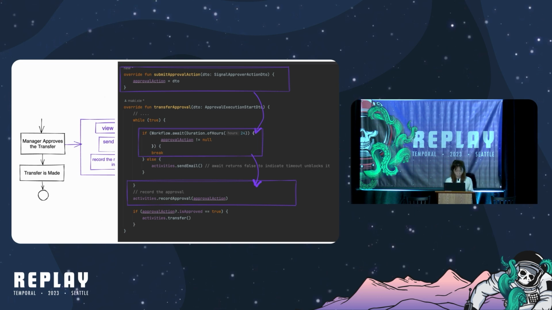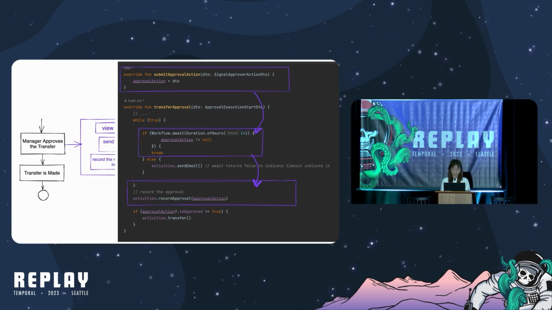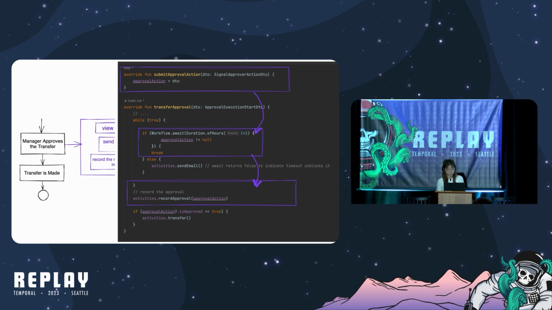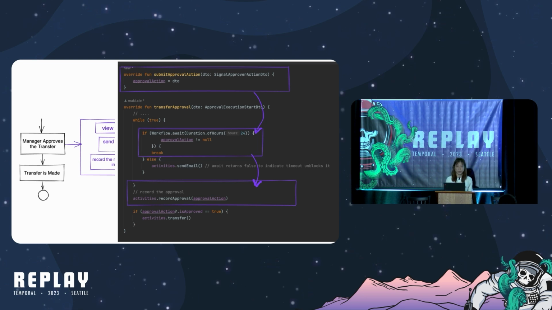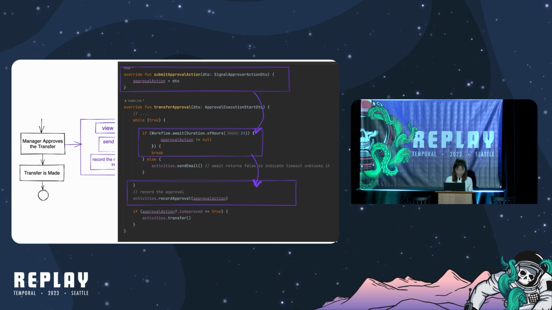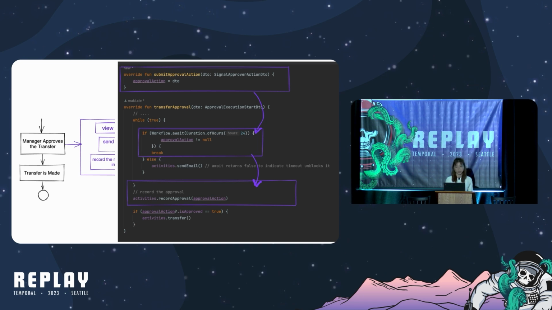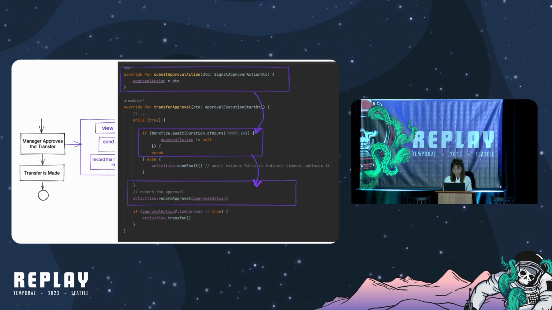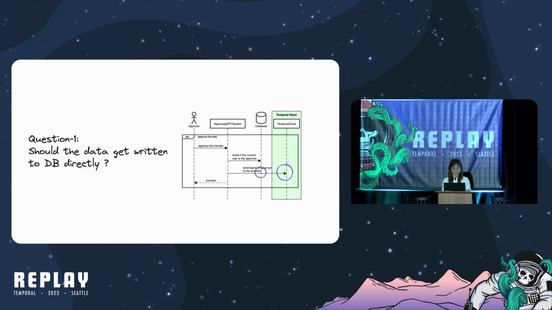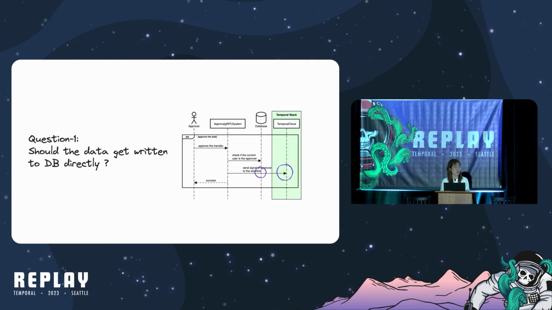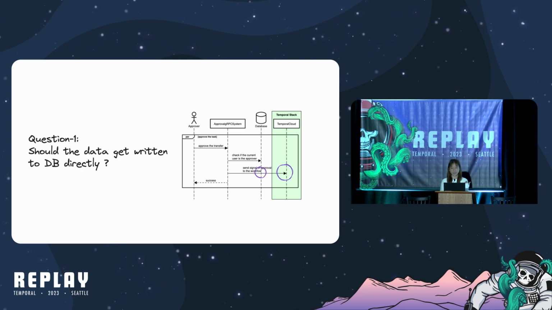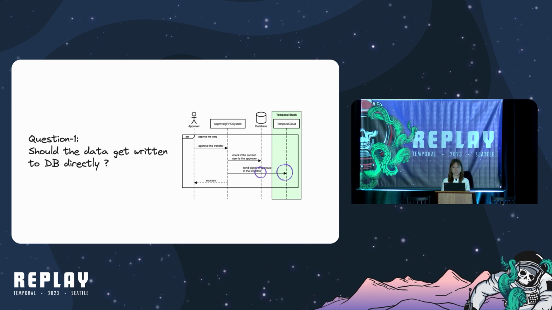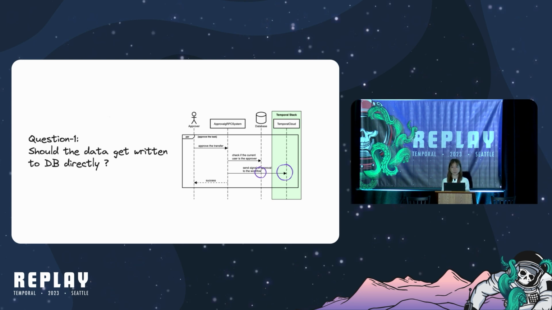I don't want to talk too much about the transfer because Temporal has already provided a lot of examples in this use case. Right now, this is a viable solution for our interaction process. But questions arise immediately after we have designed it. The first question is, when a manager comes to approve the transfer, should we update the database directly instead of sending requests to the Temporal cloud?